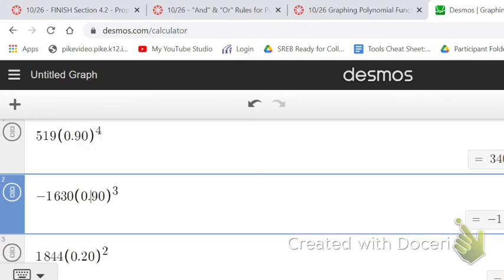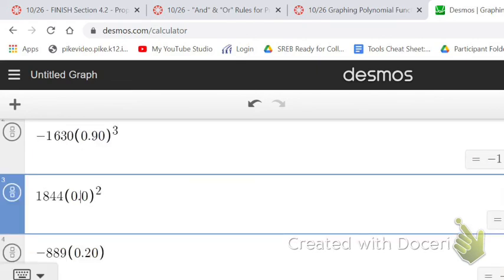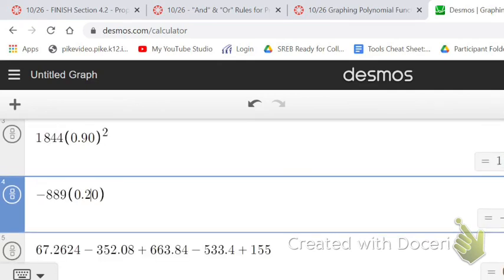Third term should have been plus 149364. Next to last term should have been minus 800.1.